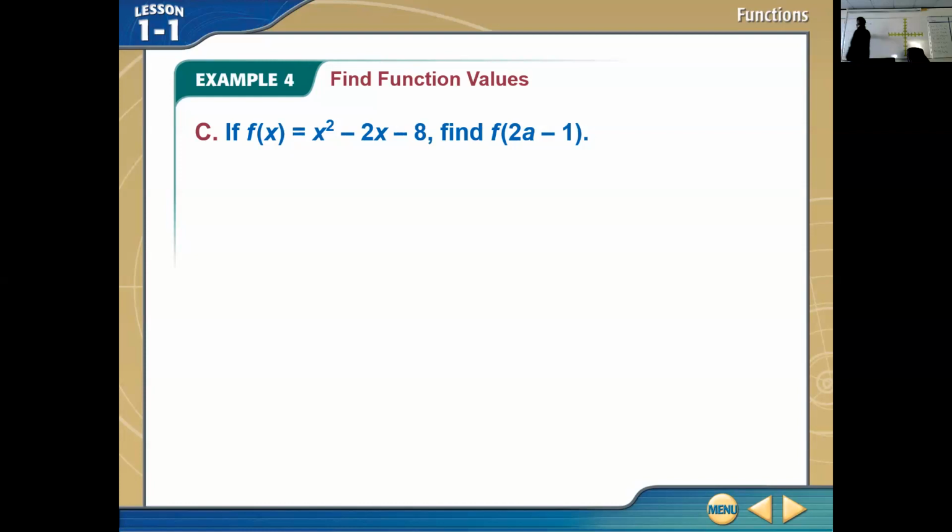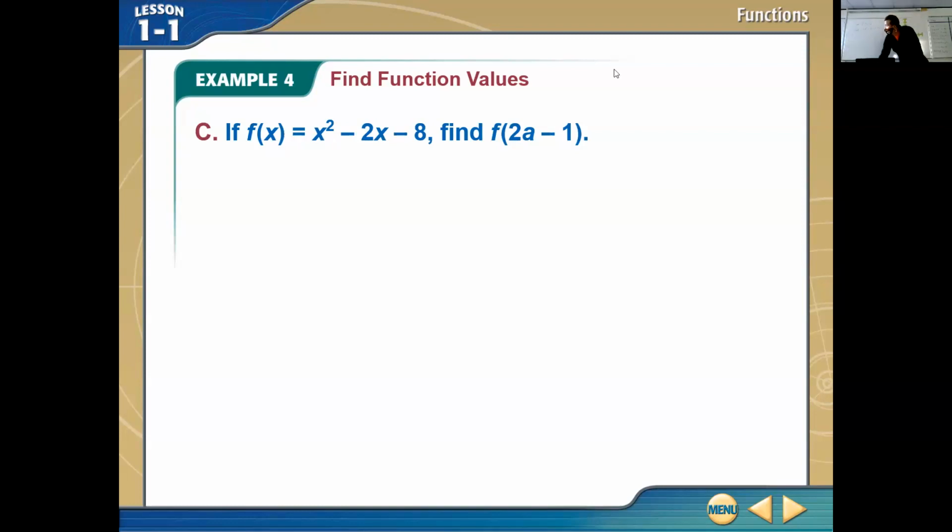The first thing we have to do is replace that binomial for x anytime we see it. So the first one is 2a minus 1 squared minus 2 times 2a minus 1 minus 8. This one is very labor intensive, and that's because they've given us a binomial.